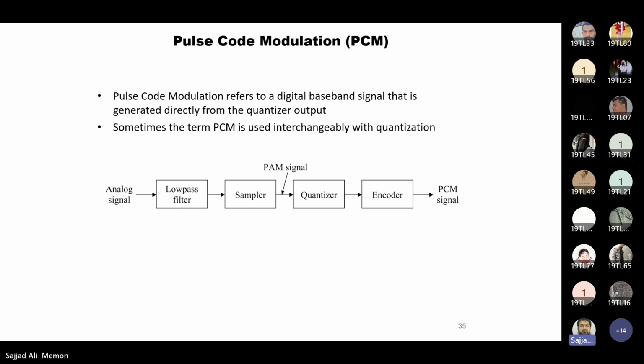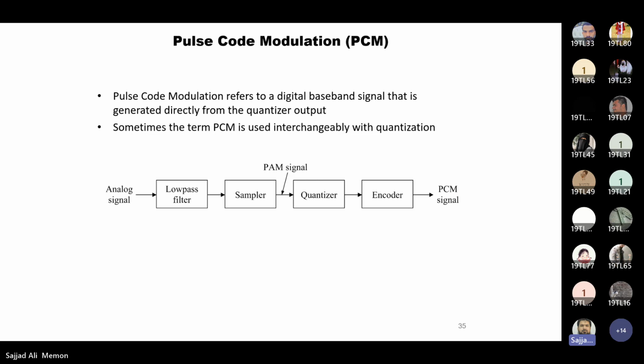Then we have another important topic, that is pulse code modulation. Pulse code modulation refers to a digital baseband signal that is generated directly from the quantizer output. Sometimes the term PCM is used interchangeably with quantization. Block diagram is given.